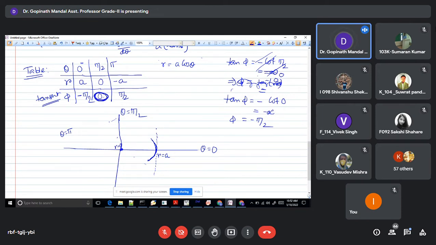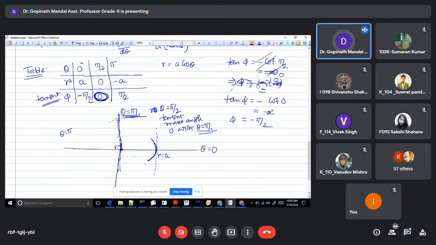Now this is theta equal to pi by 2, and the tangent makes an angle 0 with the line theta equal to pi by 2.